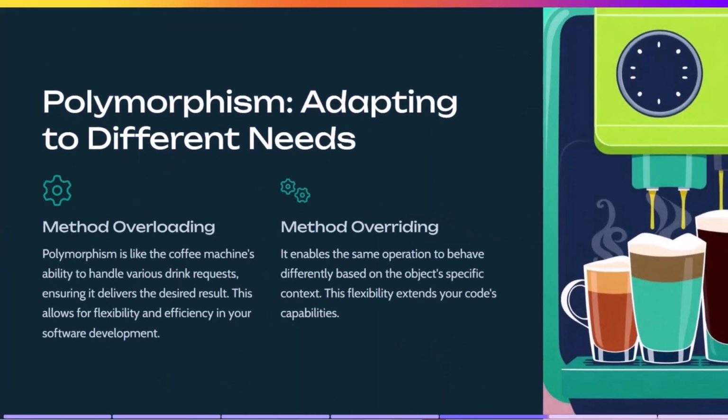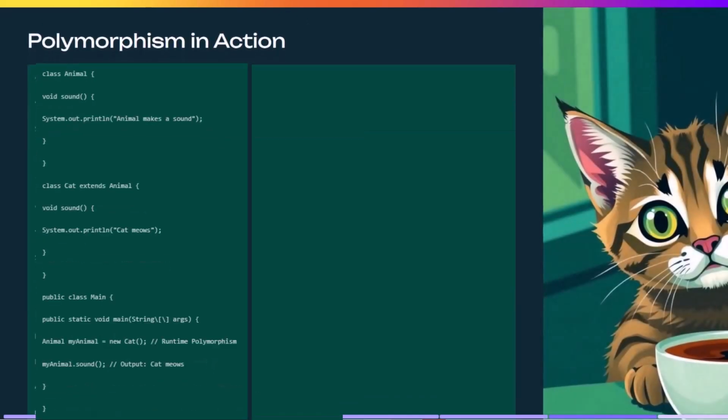Polymorphism means many forms, enabling the same operation to behave differently depending on the context. In this example, even though the object is of type Animal, it behaves like a Cat because of runtime polymorphism. This allows for dynamic and flexible code execution.